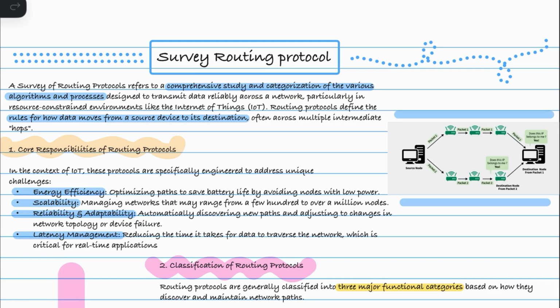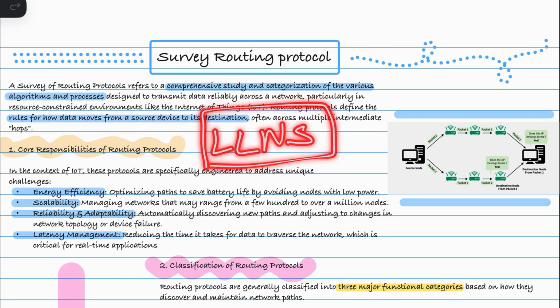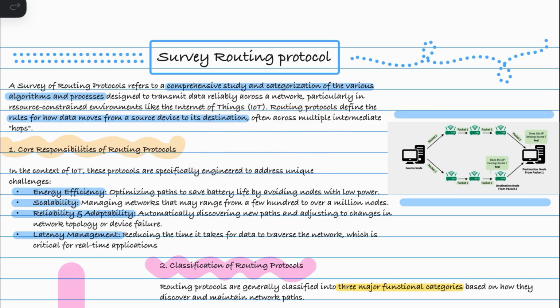In the Internet of Things, we are dealing with LLNs. LLNs stand for low power lossy networks. These are resource constrained environments where devices have tiny batteries, weak processors, and highly unstable wireless signals. Therefore, IoT routing protocols have non-negotiable responsibilities.